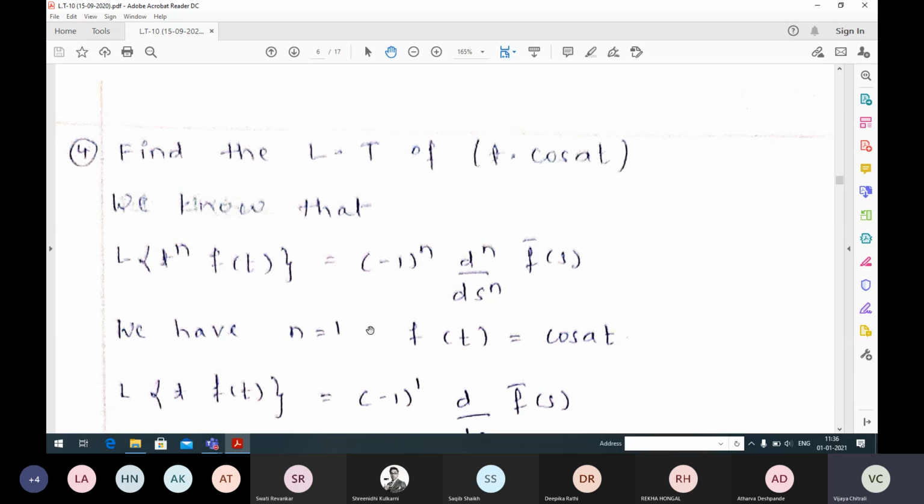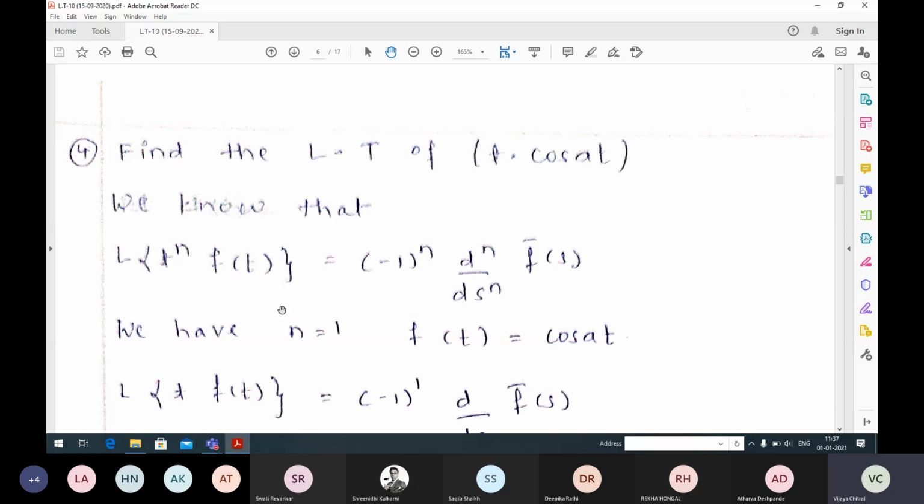Comparing these two, f of t is cos at, obviously, and in place of n we have 1. T raised to n is there, and we can write this t as t raised to 1. So n is equal to 1 and f of t is cos at, right?